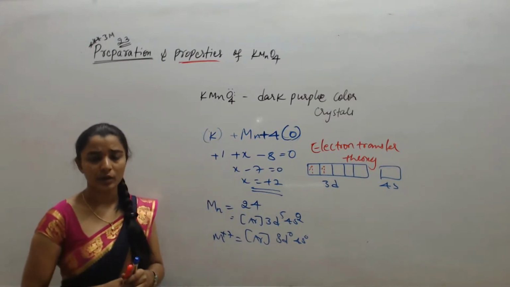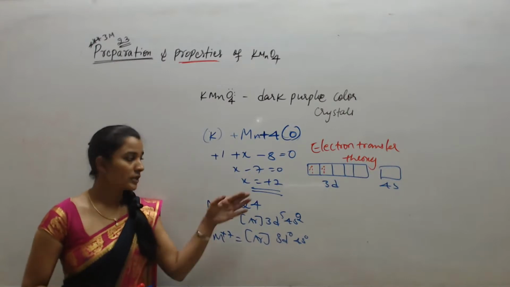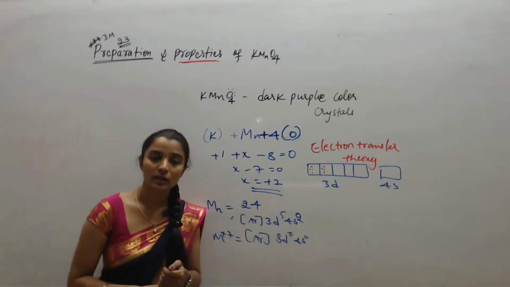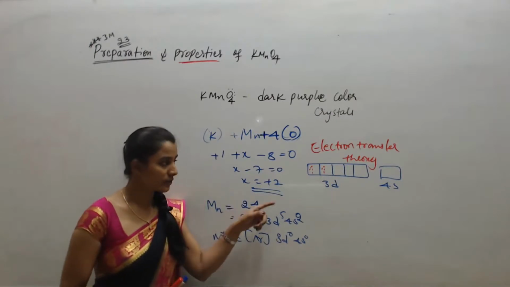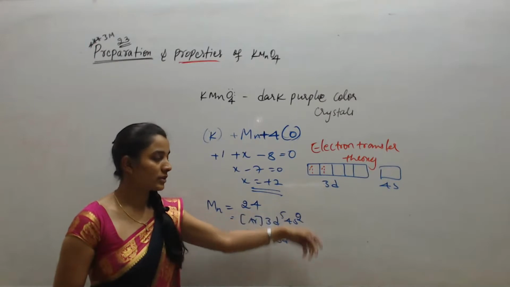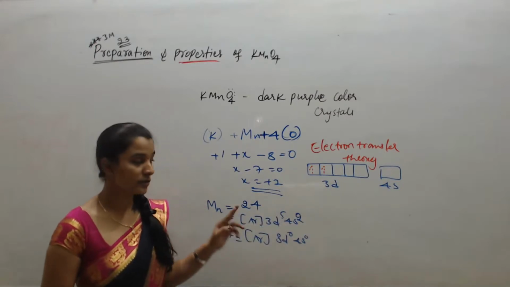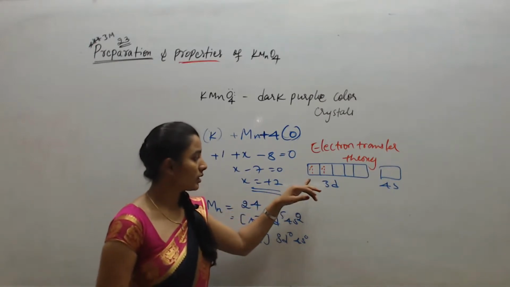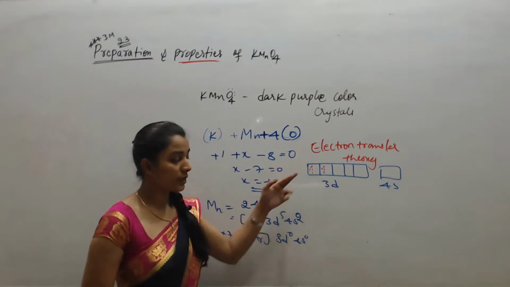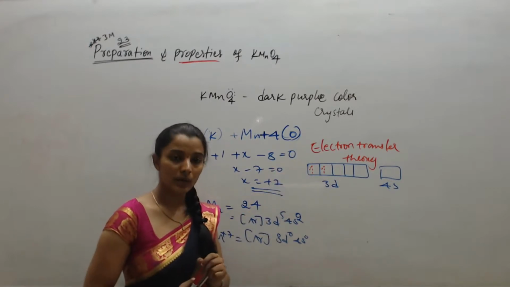Similarly for dichromate also, K2Cr2O7, Cr is in plus 6 oxidation state, yet it is orange in color. Why is it orange in color? Because the electrons from oxygen, the lone pair of electrons present on oxygen, will enter into the d orbital. So that results in the color of the respective metals.